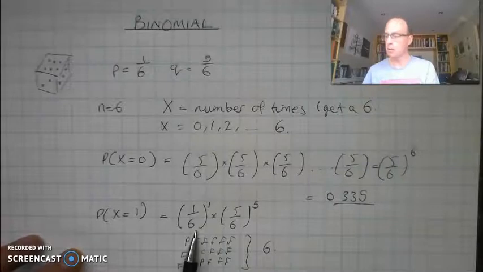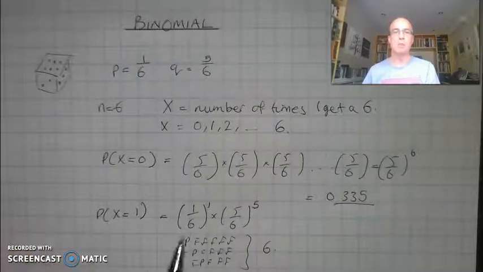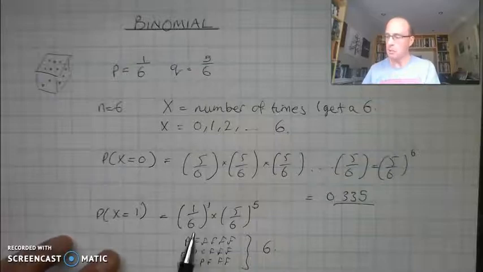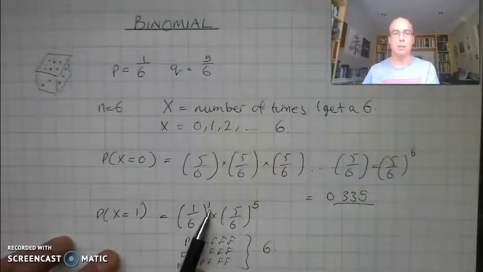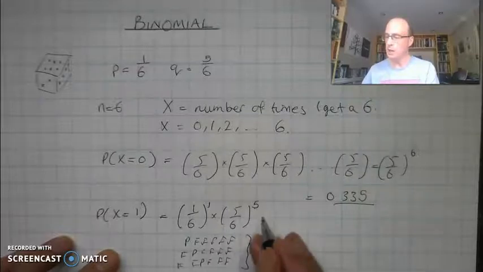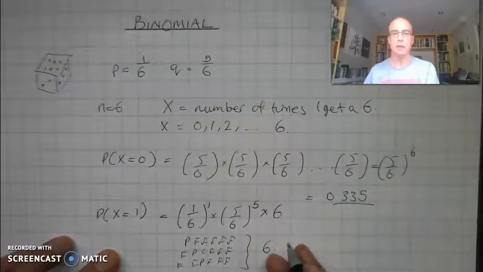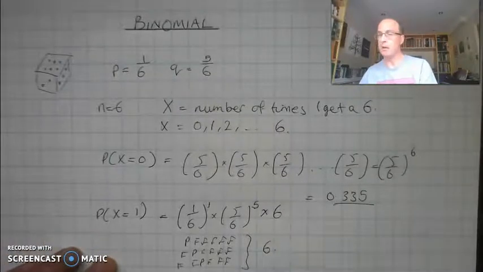So 1/6 times my 5 failures, (5/6) to the power of 5. So the total probability of getting one 6 is equal to (1/6) to the power of 1, times (5/6) to the power of 5, times the number of possible combinations, which is 6. That I can now put into my calculator.